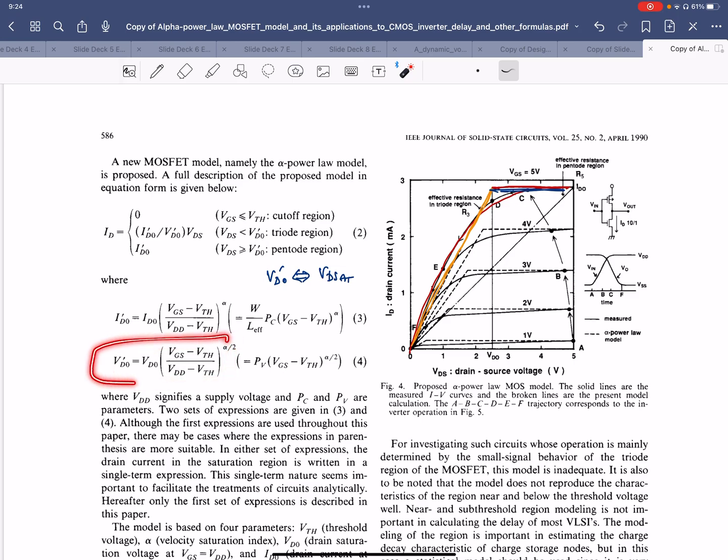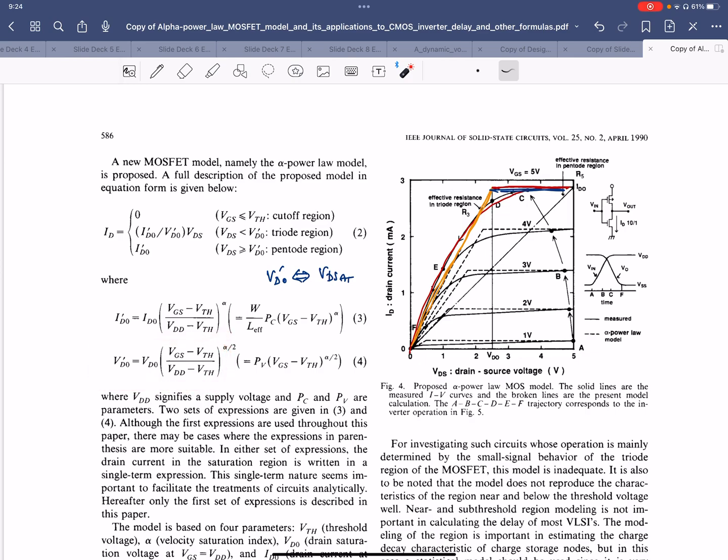So that's the voltage you compare to figure out the drain source. Which region of operation are you in, this region, or this region, etc.? So you need to use this VD0 prime.